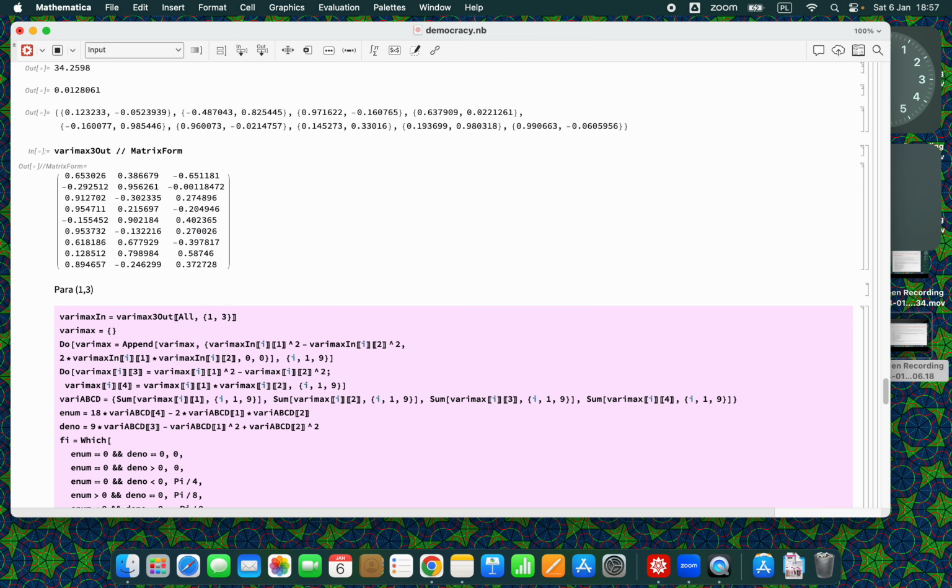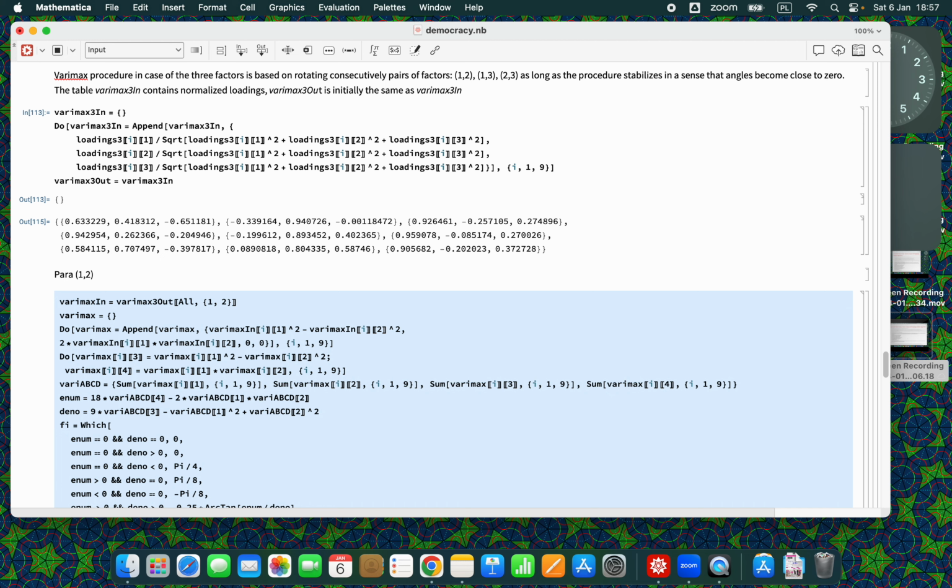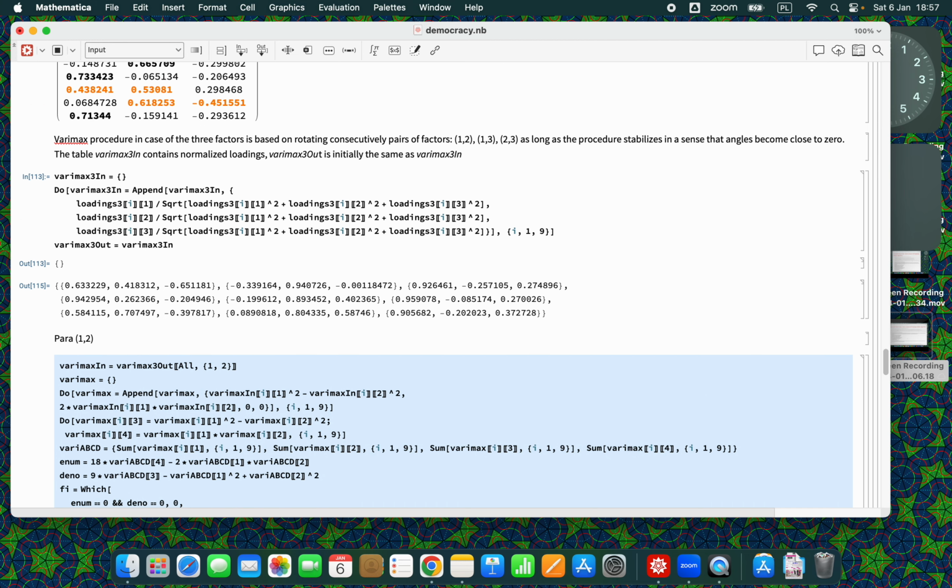Yeah, corrected. So how does the Varimax procedure work for more than two factors? We just do it step by step.